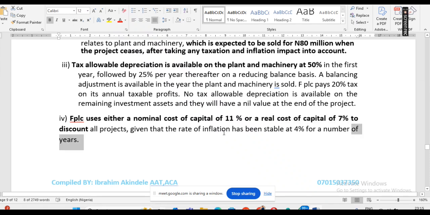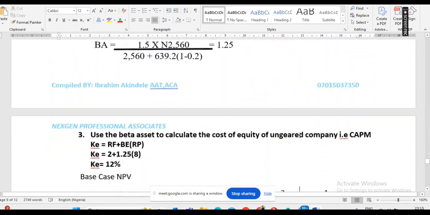Don't forget, the inflation rate is 4%. That is the general rate you will use to convert it. Real cost of capital is 7%, inflation is 4%. So if you want to convert a real cost of capital to money cost of capital, class, what is the formula?